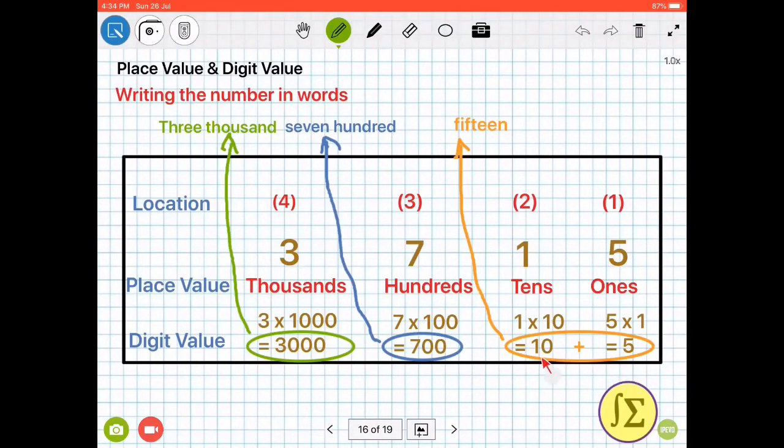So 10 and 5 is 15. We don't pronounce it 3710 5. The last two values, we say them together by adding them up. So 10 and 5 is 15, or we just read the number as it is here, 15. So we write the number or say it like this: 3715.